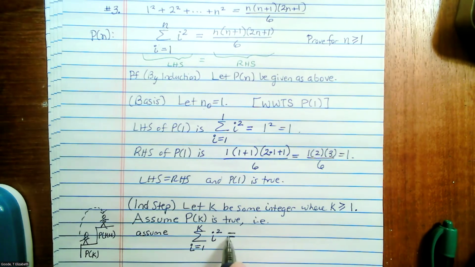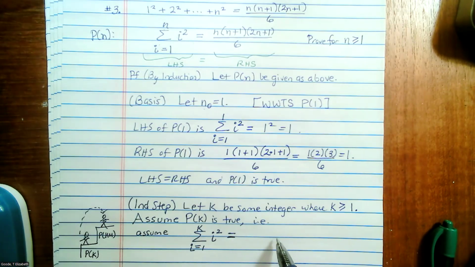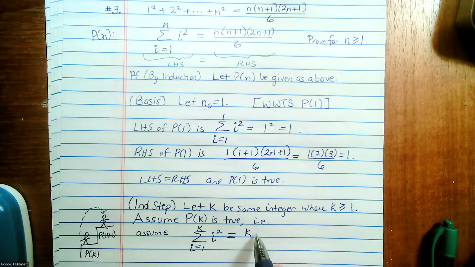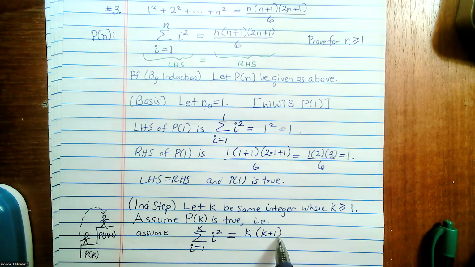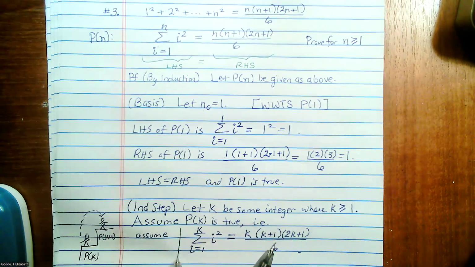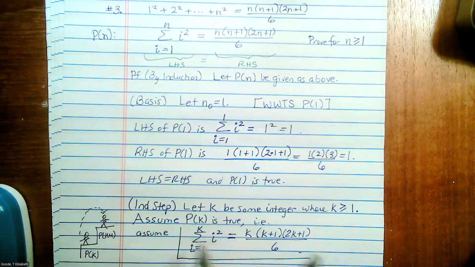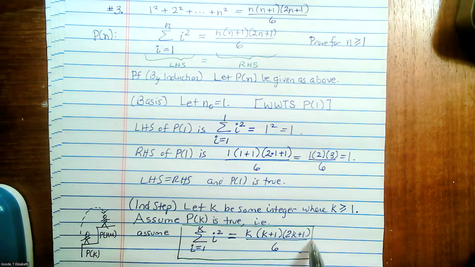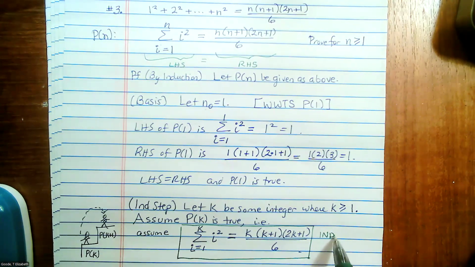What is it equal to? Somebody tell me what I should write on the right-hand side of P of k. Would it be just k times (k plus 1) times (2k plus 1) over 6? Perfect. Everybody understand that this is our money in the bank. This is technically the inductive hypothesis.